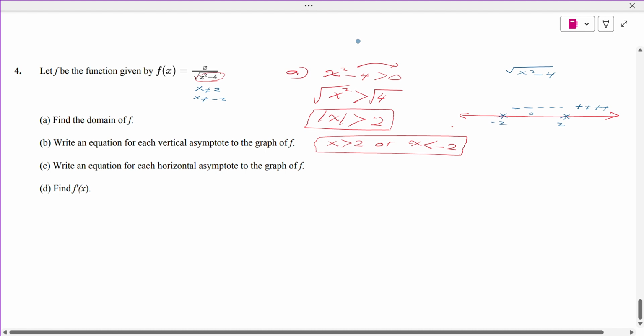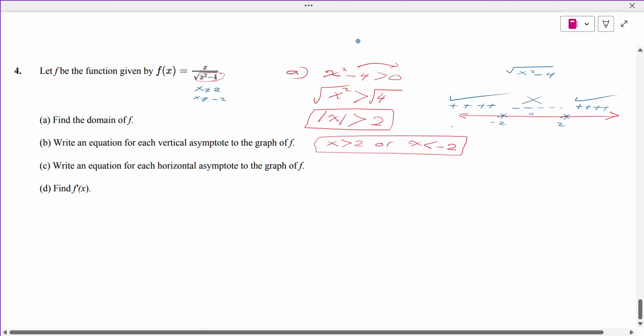So the square root of 5 is accepted by the function. And if you choose, for example, negative 3, or a number smaller than minus 2, it will be positive as well. So all the x values smaller than minus 2 are accepted, all the x values bigger than 2 are accepted, but between negative 2 and 2 are rejected, because they will make the quantity under the square root negative.